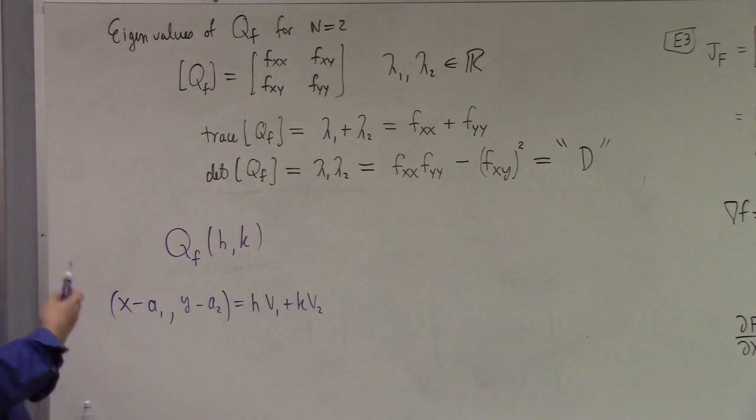In other words, I'm supposing h and k are the eigencoordinates. It's a little bit shadier than that. I shifted coordinates too, but anyway.